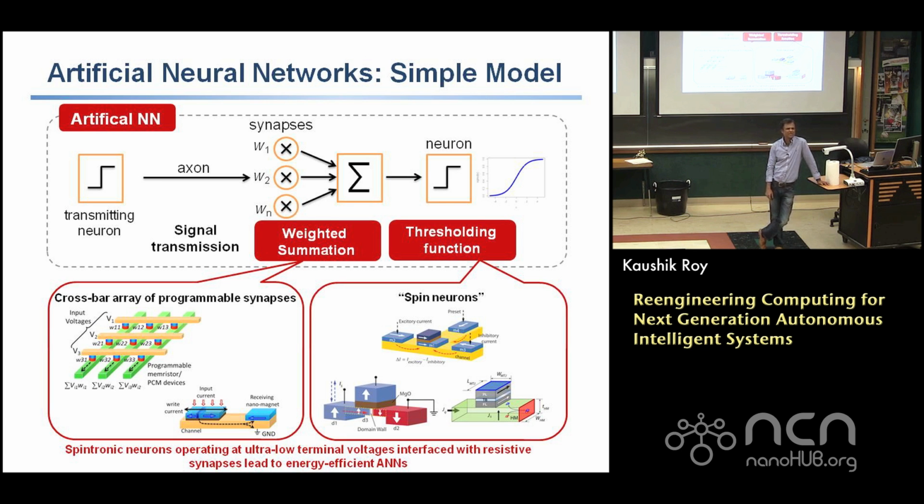What do I mean by a stochastic sigmoid function? If I have an input current that comes in, I get a certain output from the sigmoid. And I can translate that into a particular value of the probability that the device switches. So this is a curve which I can represent in terms of a probability of switching.